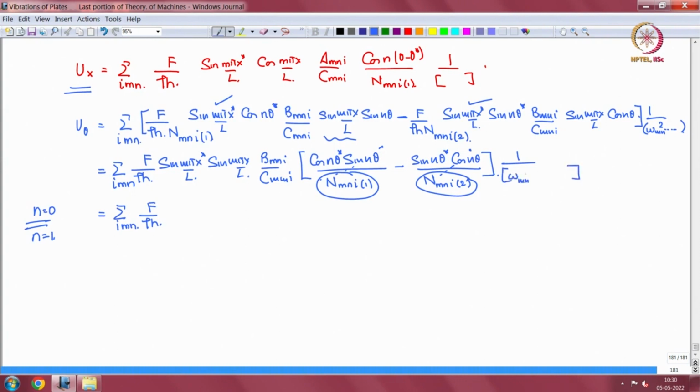Omega mn square minus omega square plus etc. So we will bring the frequency term here, omega mn square minus omega square plus, okay, sine m pi x star by L sine m pi x by L sine n theta minus theta star by n m n I first kind.